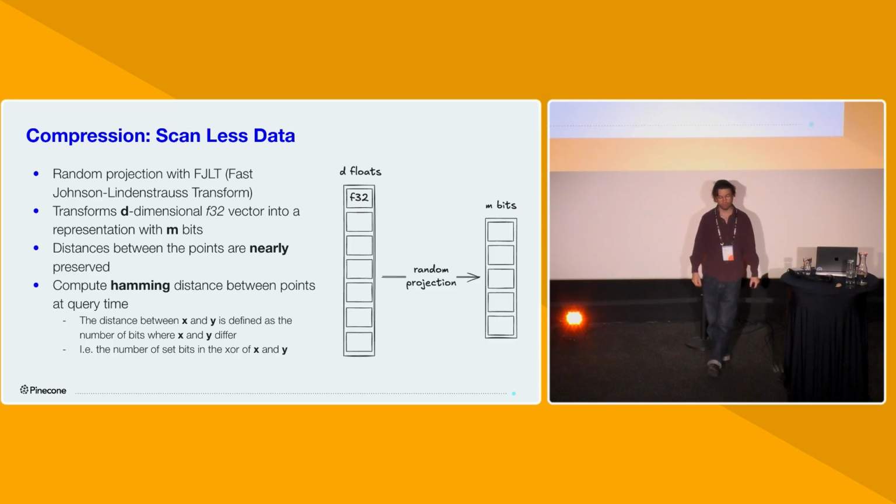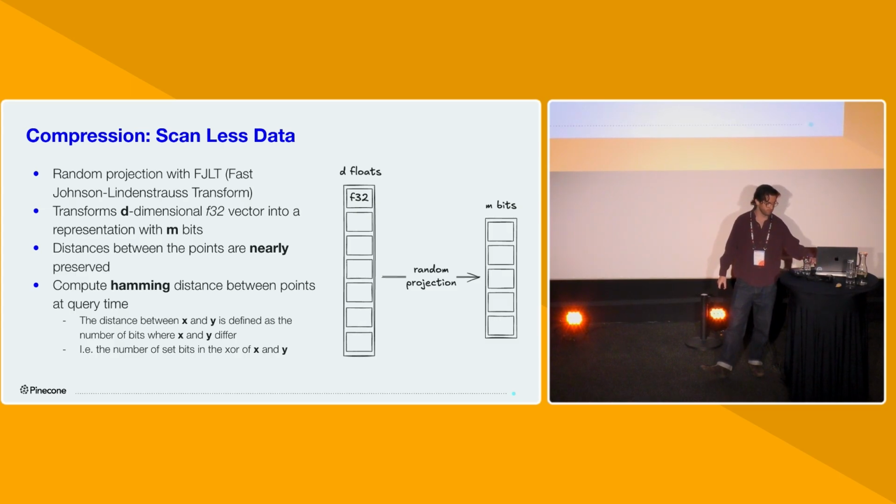And this preserves distances nearly between points, so it is an approximate algorithm. Obviously, it's a lossy compression, but then when you compute the Hamming distance, this XOR intersection between the points at query time, you can reconstruct the approximate distances, either cosine or Euclidean, in high dimensional geometry.